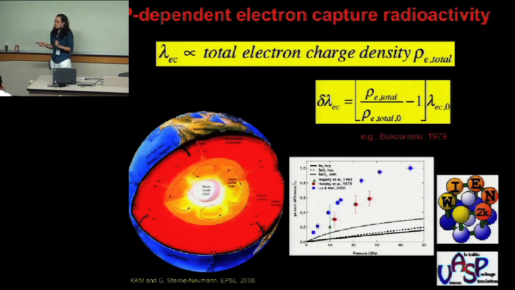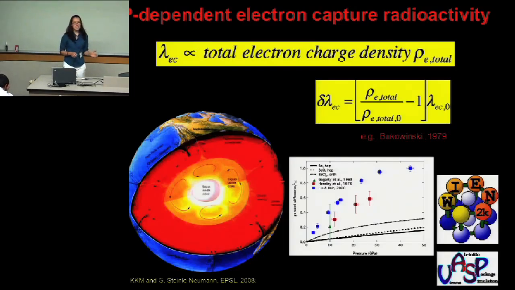Well, I'd like to say that this is actually a pretty good result in the sense that it's at least in the right direction. Because this is not always the case. We actually looked at aluminum, trying to see how the decay constant for aluminum-26 would change with pressure and chemistry.